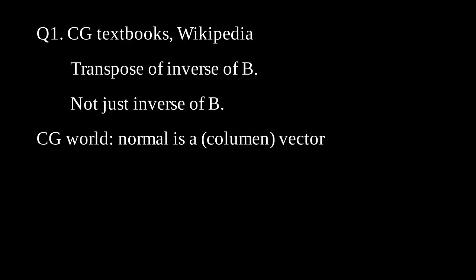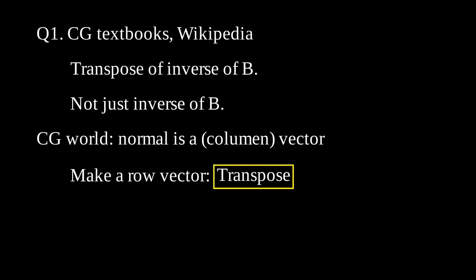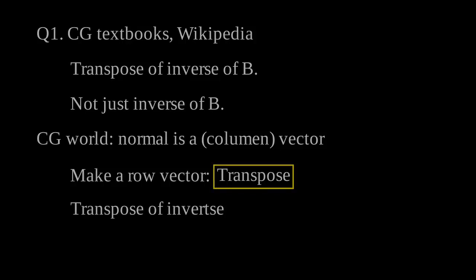Also, you almost always live in the orthonormal standard basis world. In that world with the normal function, you can make a row vector by transposing the vector. Therefore, a transpose is needed. You see that this transpose is artificial. This is broken on a non-orthonormal basis, but many graphic systems use an orthonormal basis.